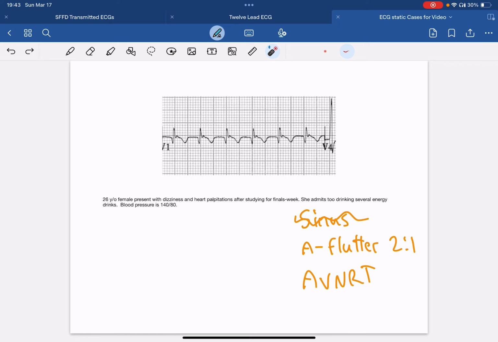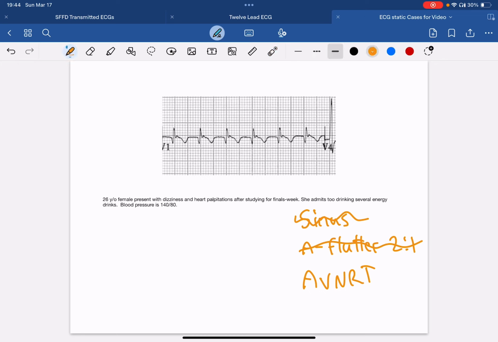You would also expect to see some degree of flutter waves, and thankfully in this example we really don't see that. In fact, we see some atrial activity, but it's not at a rate of 300 times a minute. It seems to be more at a rate of maybe 150-ish. If you were to map this little atrial beat or little P wave to that one, we would see that the distance between those two is about the same at 150. So we can take a flutter off of the list.